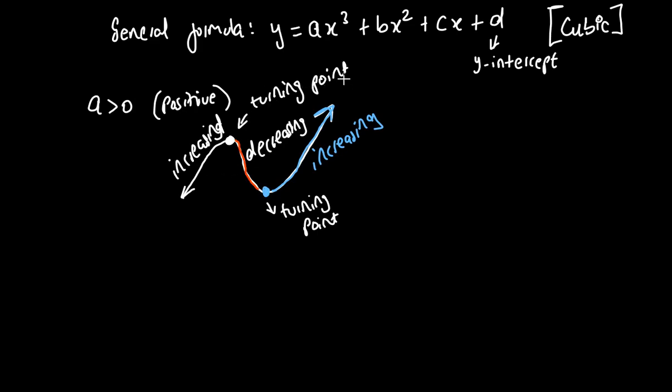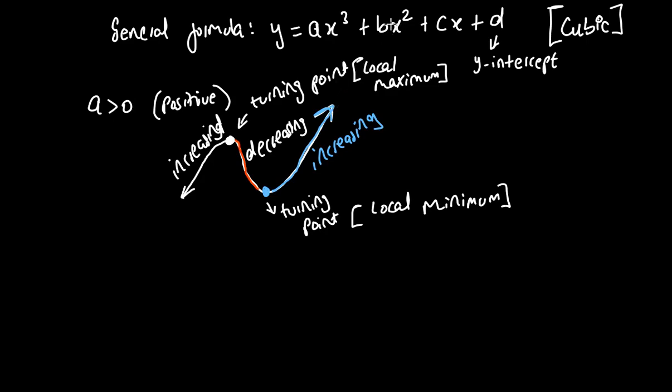Now this turning point is actually called local maximum. Okay, local maximum, while this turning point here is called local minimum. Why is it called local maximum, this one, and why this one is called local minimum? It's because if you check this graph, it keeps on increasing until infinity.